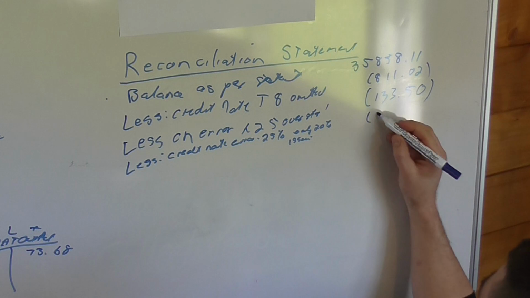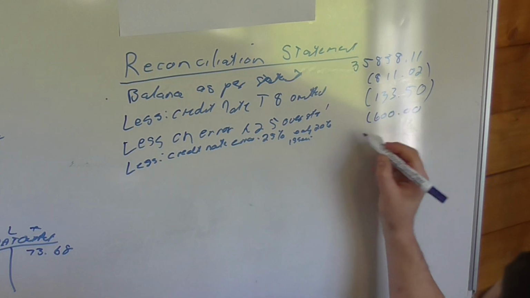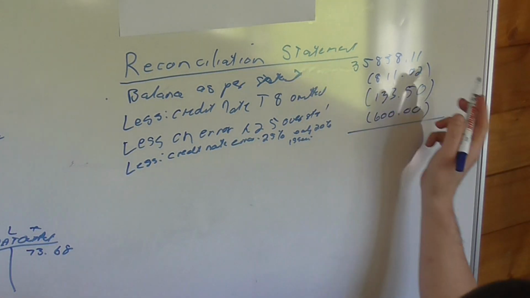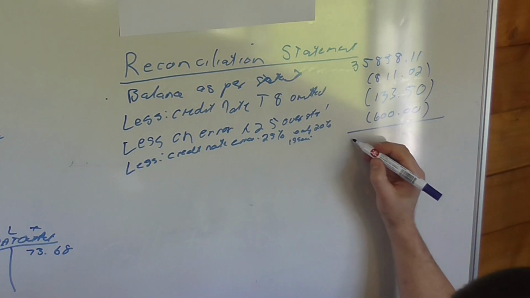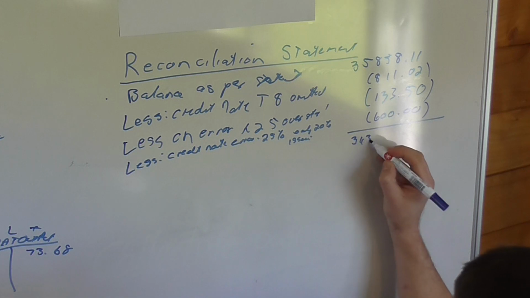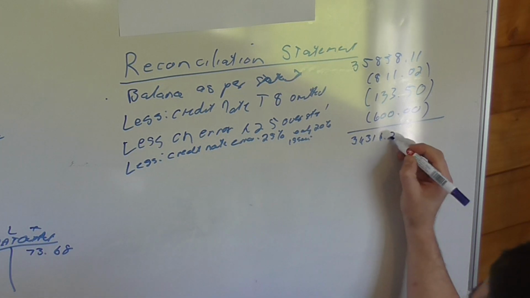So then we deduct 600. And now we do that little calculation. And that then will be 34314.20.